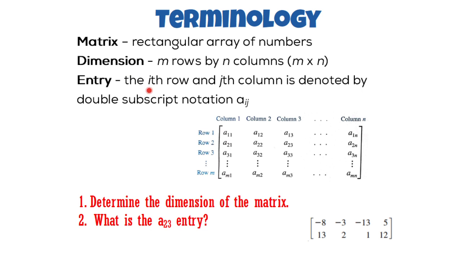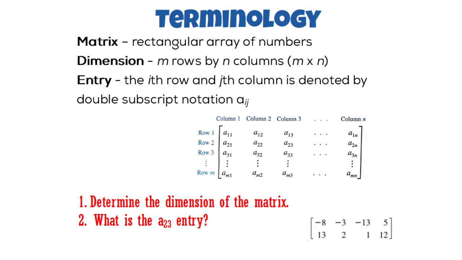So if you think of it like this, it's i row, j column. And so you'll have some value in here with a sub number that tells you which position it is in the matrix. So you can see this one right here is in your second row in your third column, so it has a sub number of 23. This one right here is in the third row, first column, so it has a sub number of 31.